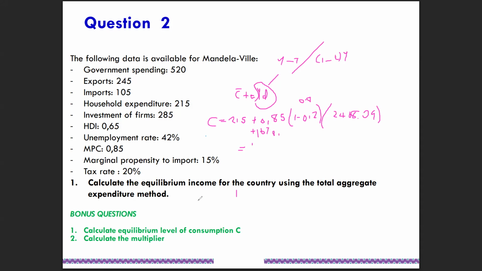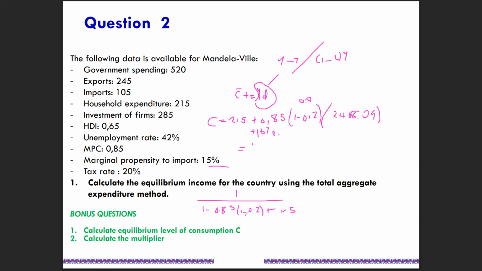Then they say calculate the multiplier. The multiplier is, you're going to say 1 divided by 1 minus C, which is 0.85, into 1 minus T, which is 0.2, plus M, which is the marginal propensity to import, which is your 0.15.